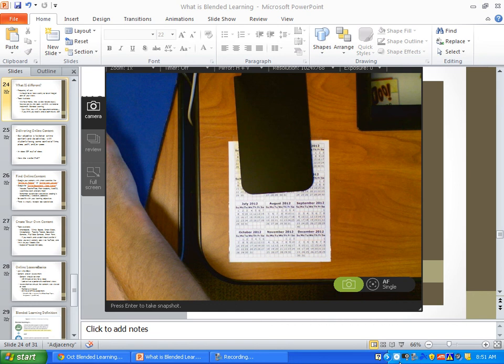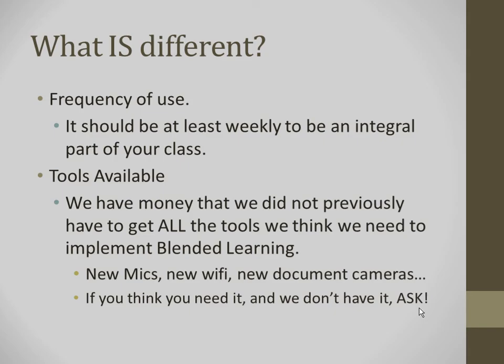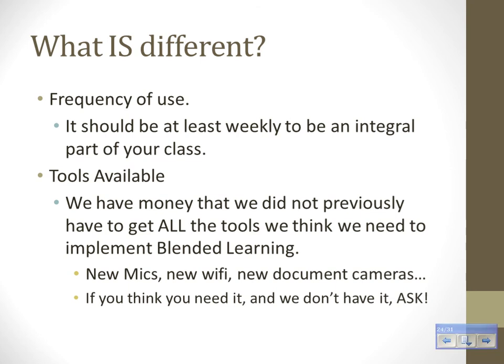If you haven't gotten one and you want one, all you have to do is come by the room. My big thing I wanted to say here was that if we don't have something that you found out you need, you have to ask. Now, I'm not guaranteeing that if you come to me and say, hey, I need this thing, it costs $1,000, the blended learning committee is going to have to talk about it.